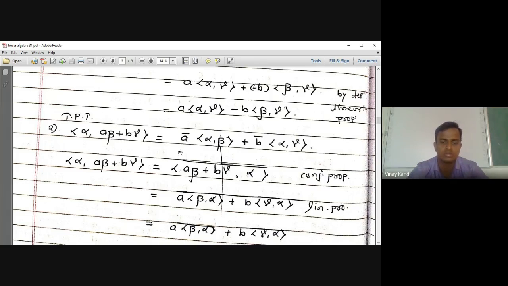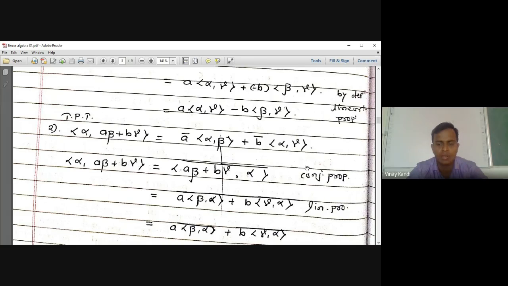Take the left hand side of the above equation: the inner product of alpha and A beta plus B gamma, which by the conjugate property of inner product space is the conjugate of the inner product of A beta plus B gamma and alpha.